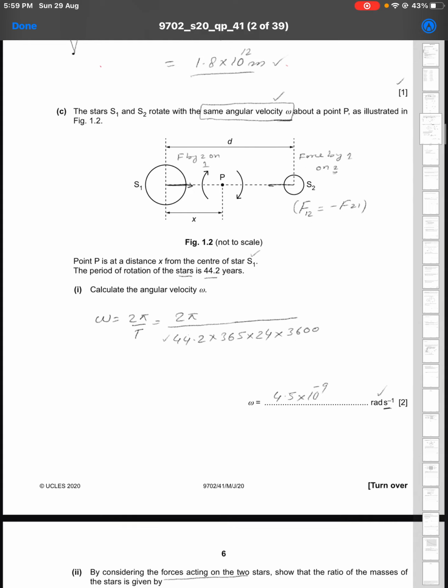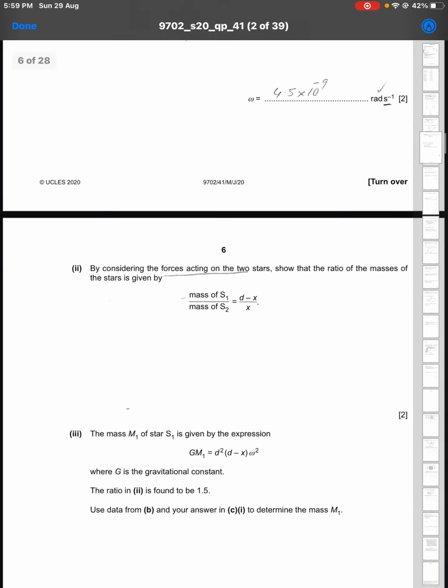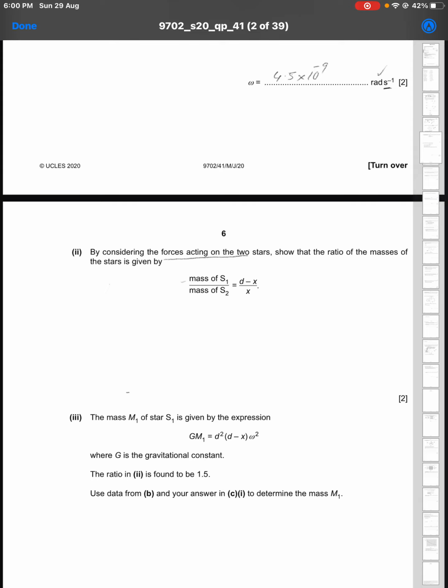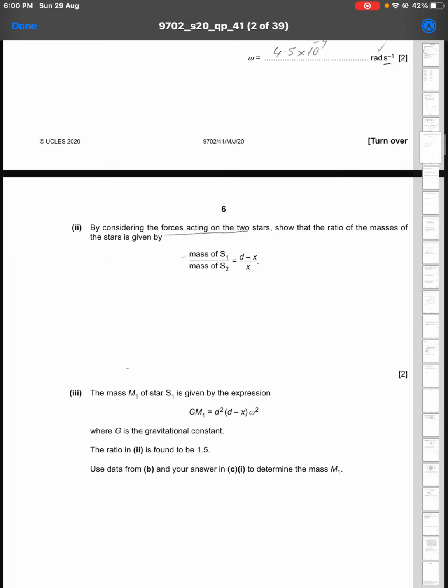Second, it is already given in the question that omega is the same. So this information helps a lot in this part: gravitational force Fg is the same on both stars.